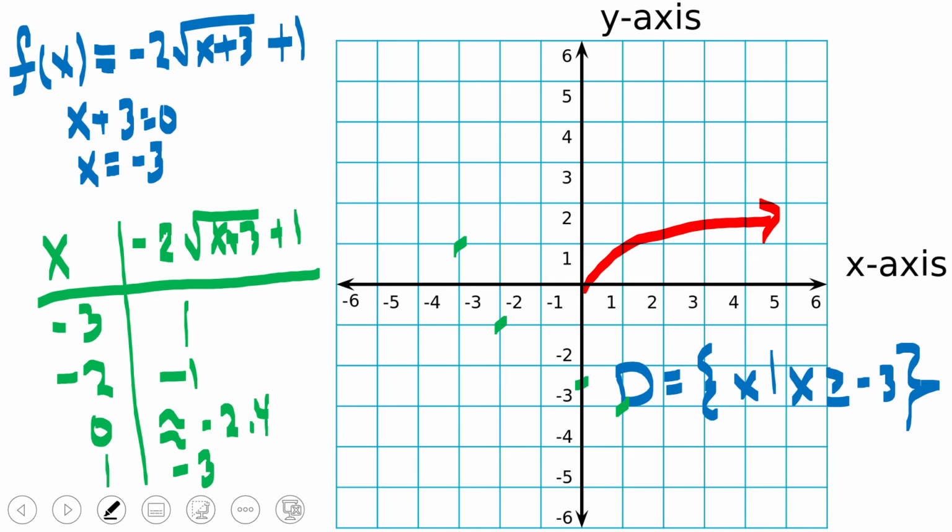Our graph's emerging here. And that's just freehand. It's probably not perfect. And let's make sure that we're addressing this correctly. It's starting at this point.